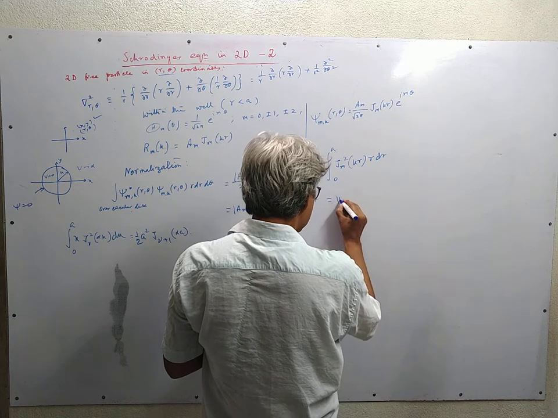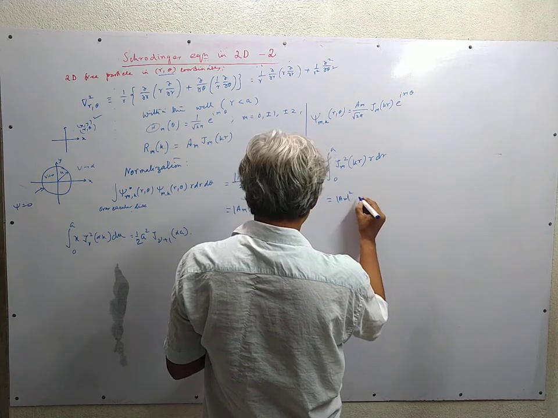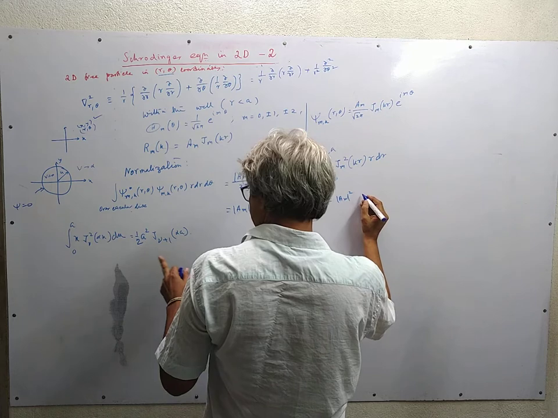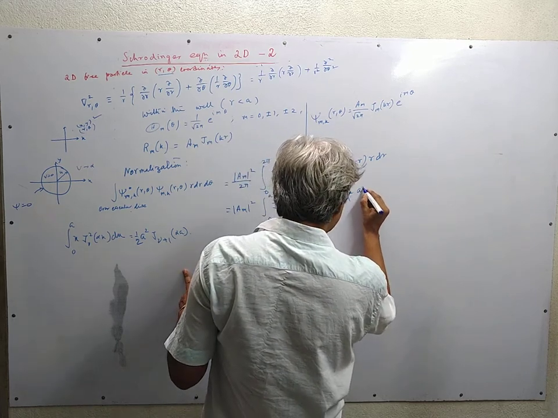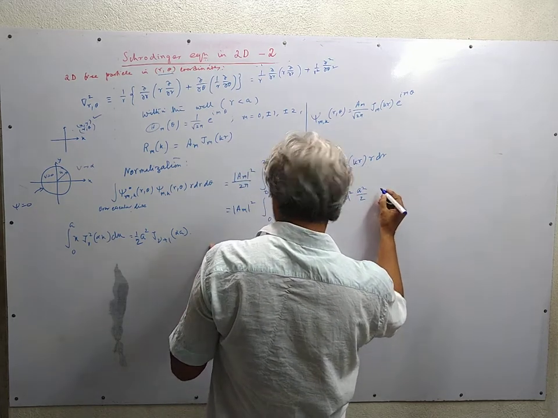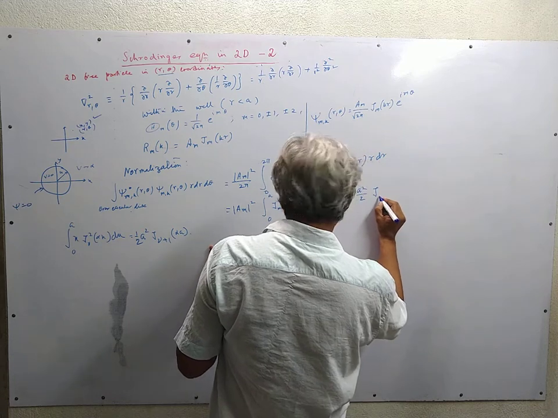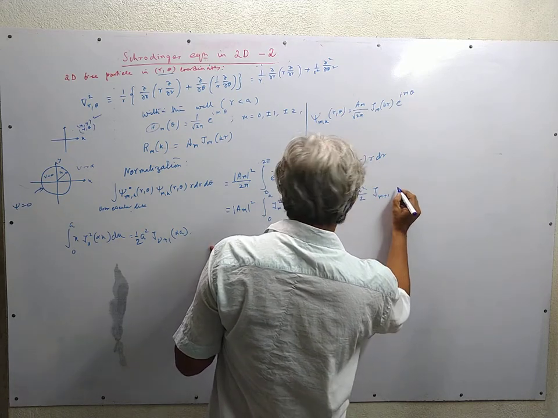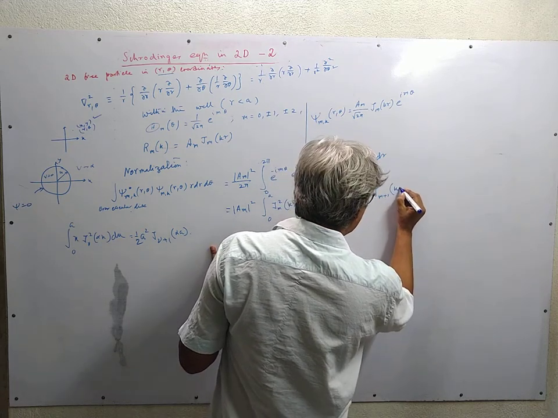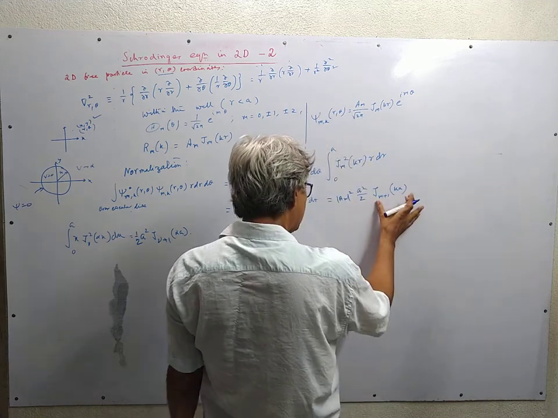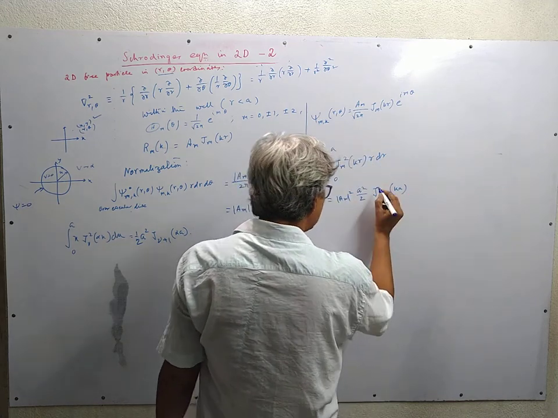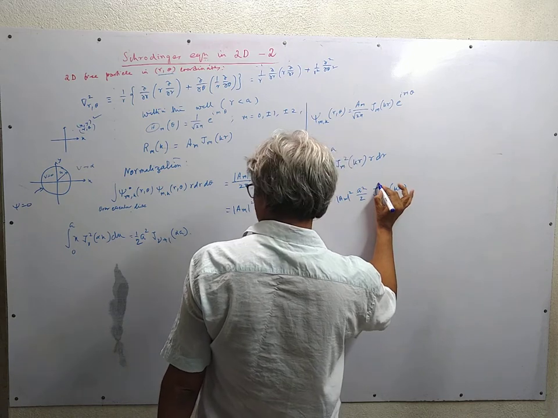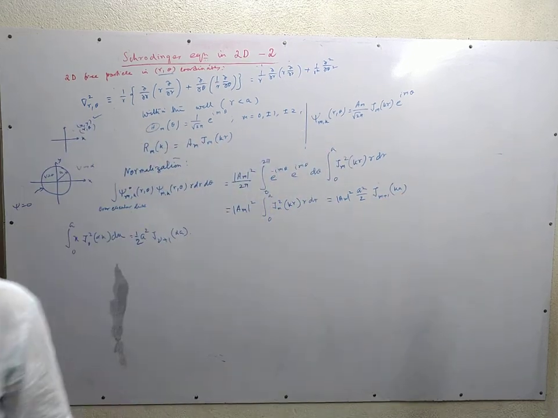And this is A_m² a²/2 J_{m+1}(ka). These values are available. Sorry, I think there is no square in it.